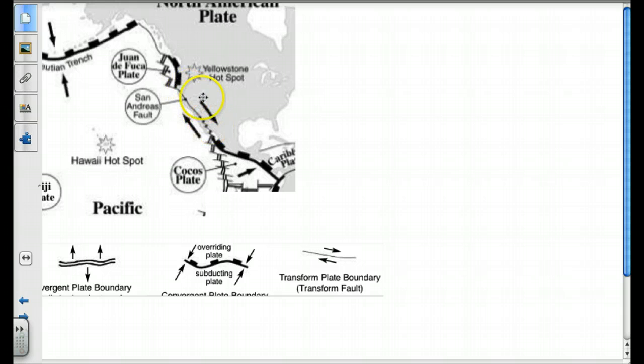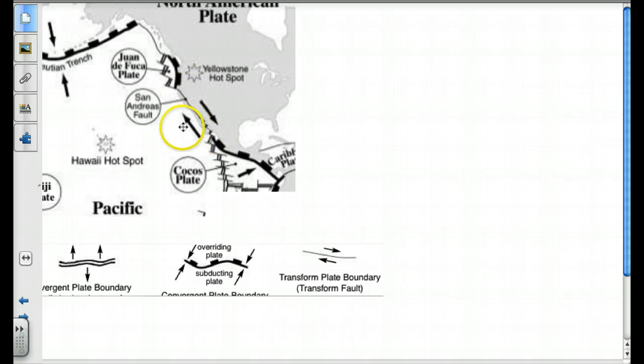The North American plate at this point is moving south, and on the other side it's moving north. So there is a place where San Diego is on one side, and San Francisco is on the other, and eventually they'll be moving away from one another.